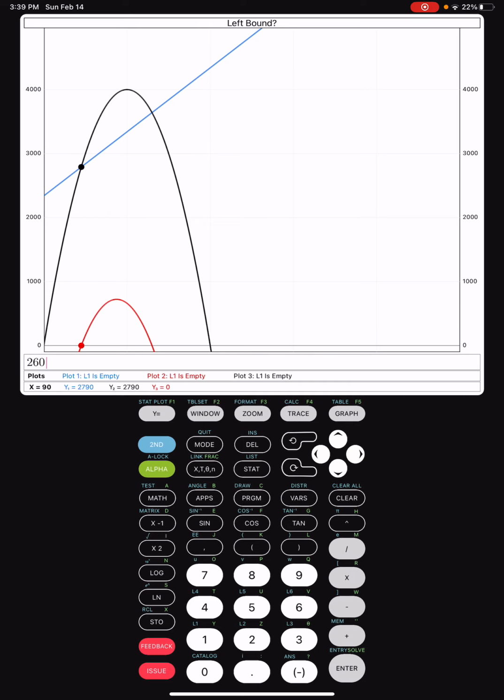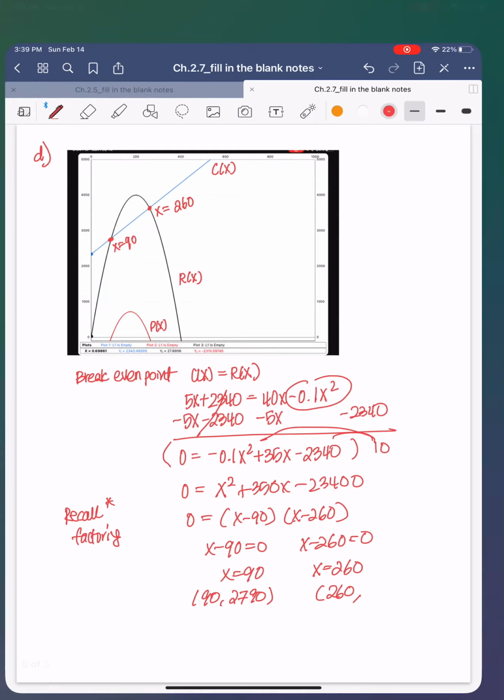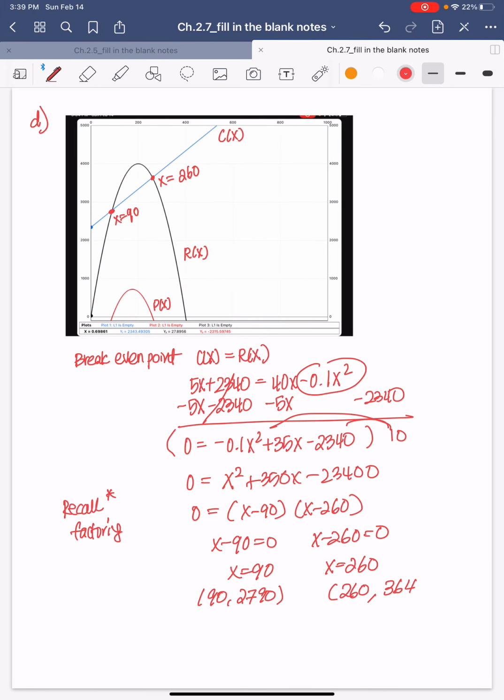What's my y value when I trace that? That will be right there too. You see the intersection point of blue and then black, and it is 3,640. Okay? So these are my two break-even points. 90, 2,790, and then 260, 3,640.